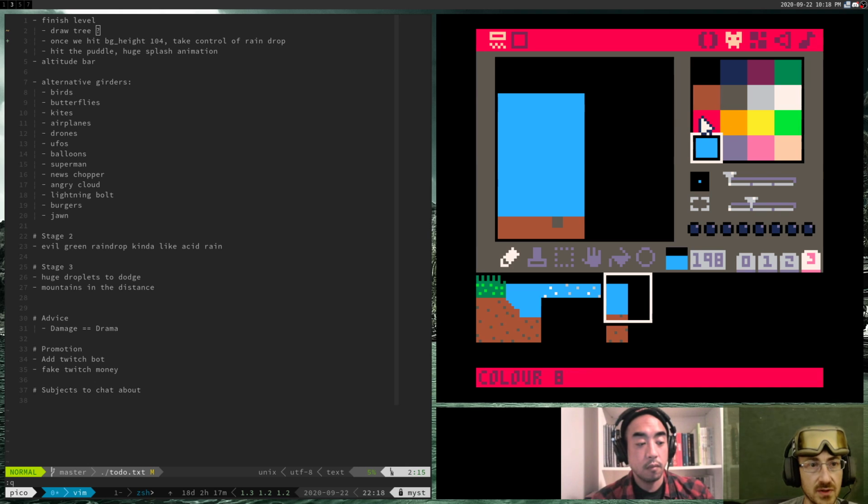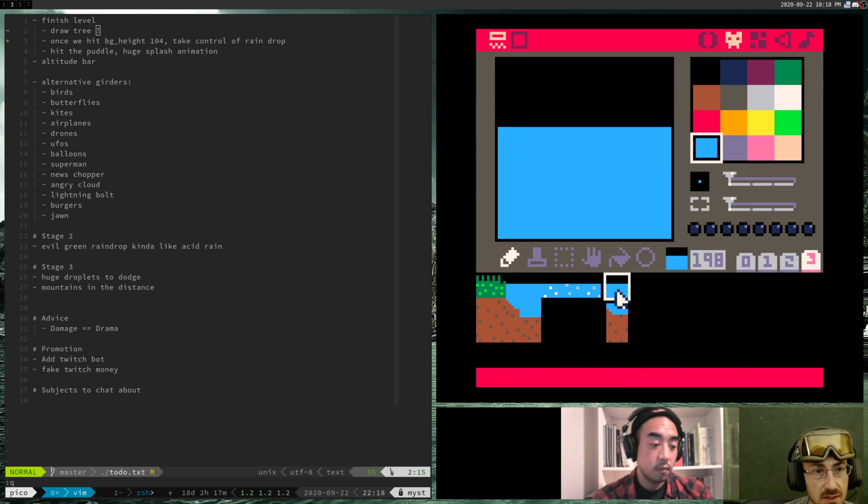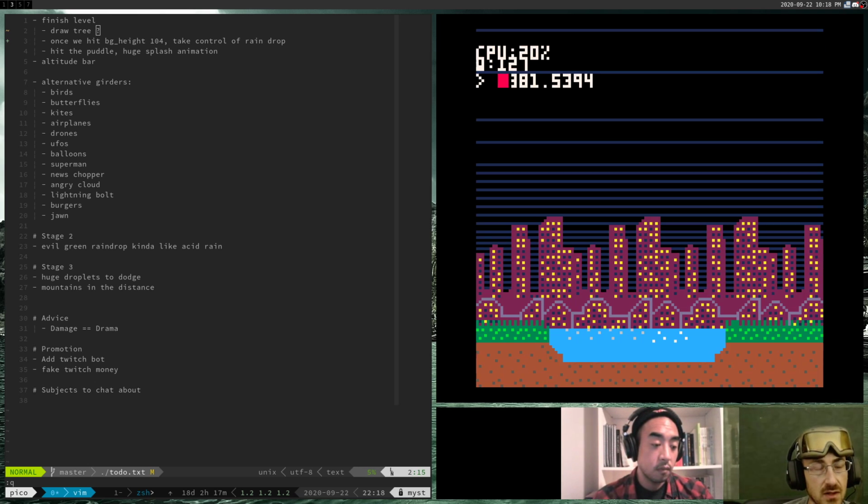We chopped away a little bit of the dirt, and then it's going to have some dirt over here. No, that's too high. There we go. It's going to look like that. And what is this, 198? Okay, so let's save that.